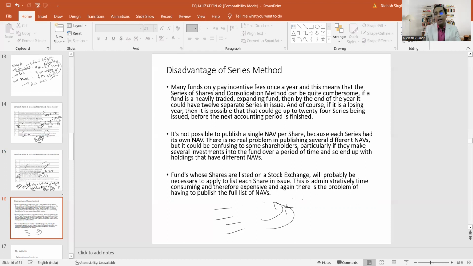So it is quite heavy in administration, also cumbersome to maintain. And in case the shares are also listed on the stock exchange, it will require a lot more documentation, and each share has to be separately applied. So administration is quite heavy for the series method.